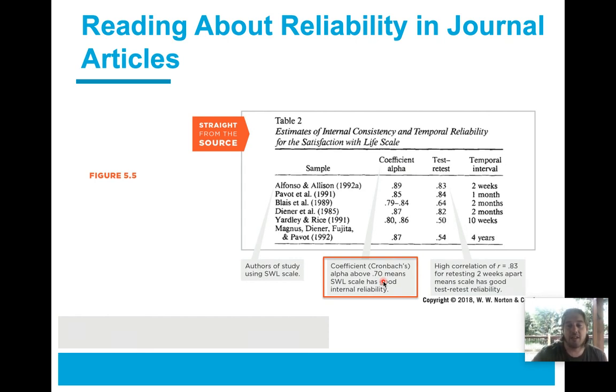That's the standard in the field. If you're around 0.7 or below 0.7, then we start to question the internal reliability of your measurement. It means your individual questions are all over the place, and the responses aren't coalescing into a single measurement. Anything that's substantially above 0.7, we're happy with in general.